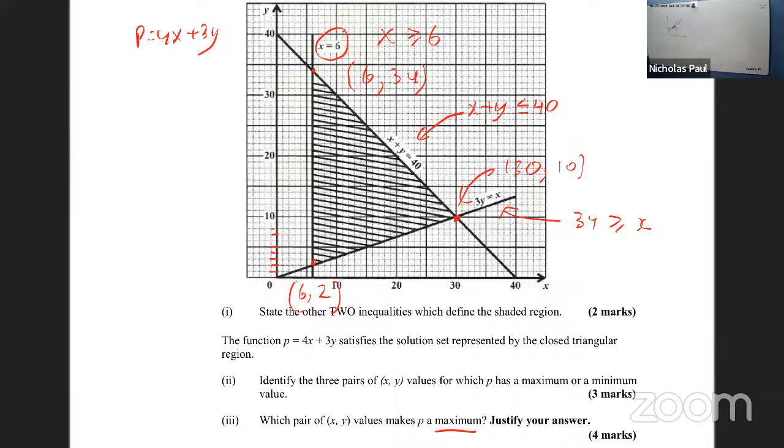Jonathan, look at the message answer. Let's see which one is maximum.